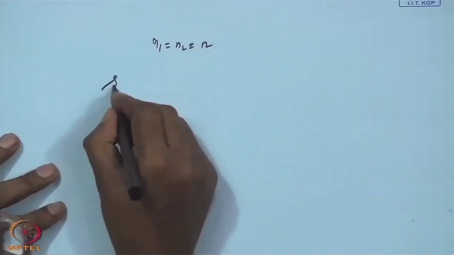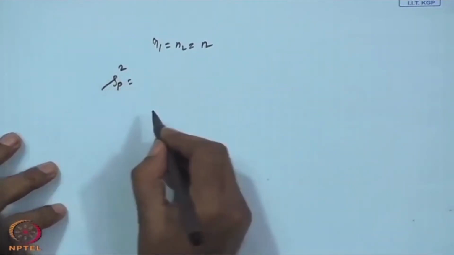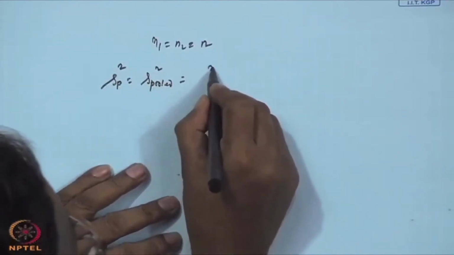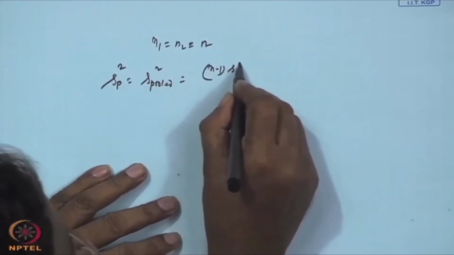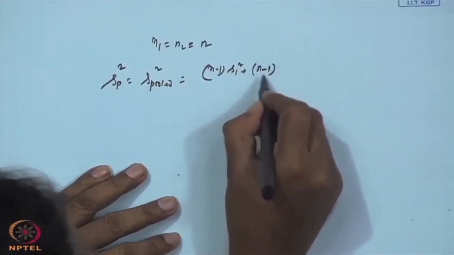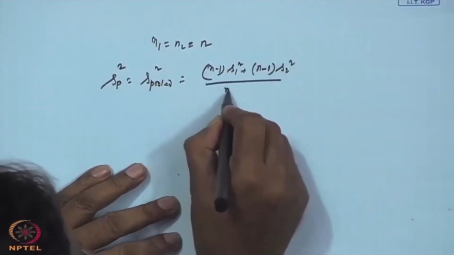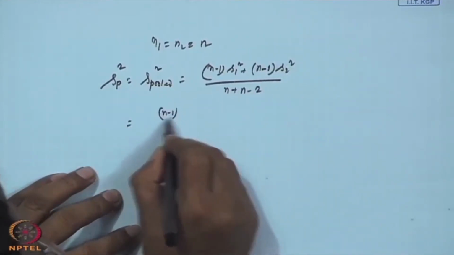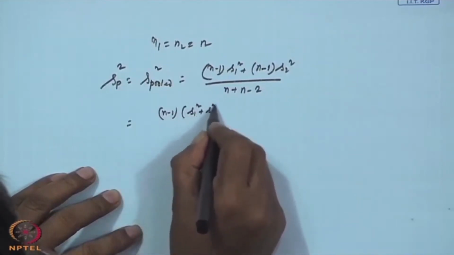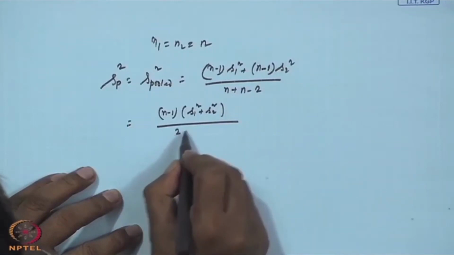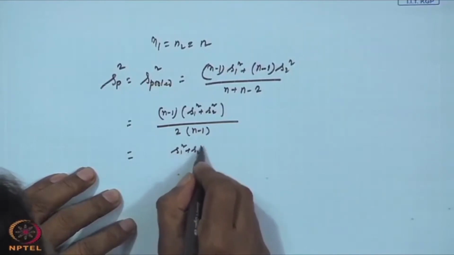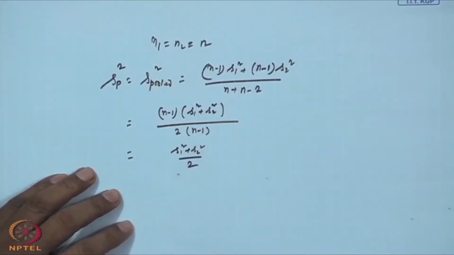Your S p square, or S pooled square, equals n minus 1 S1 square plus n minus 1 S2 square by n plus n minus 2. So, this will become n minus 1 times S1 square plus S2 square by 2 into n minus 1. So, the result will become S1 square plus S2 square by 2, and you use that in the equation.